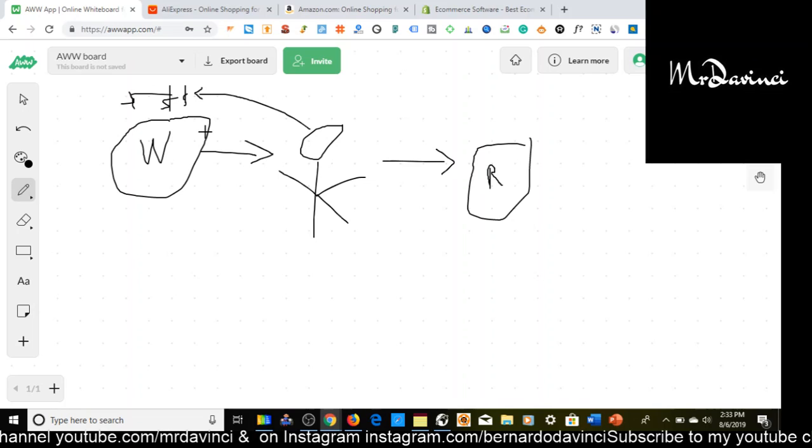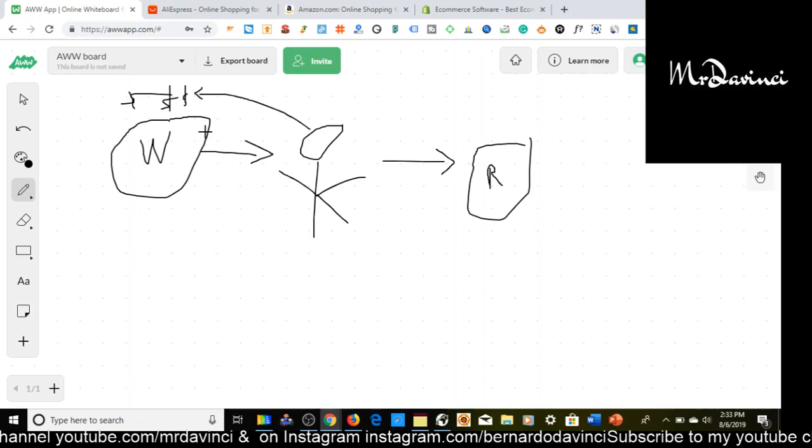Now once we buy it for a low price, let me draw another person here. Alright, so this person here is going to be our customer, and when a customer sees something that they want to buy and they're interested in it, we're going to sell it at retail price, meaning that we're going to double, possibly triple our money depending on what we're selling.